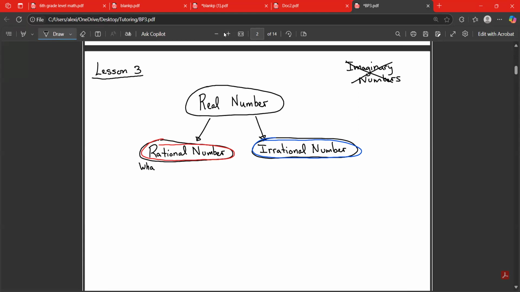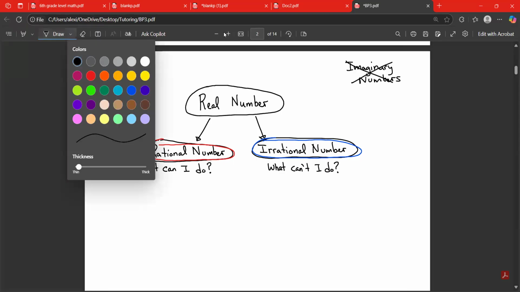What can I, meaning the rational number, do? Give you a moment to think about it. And then I'll put what can't I, meaning the irrational number, do?